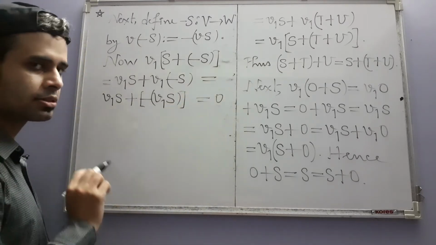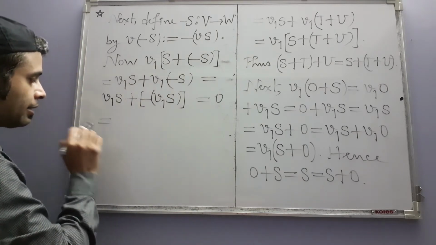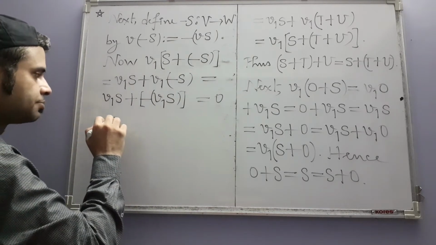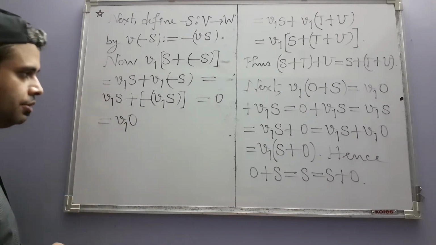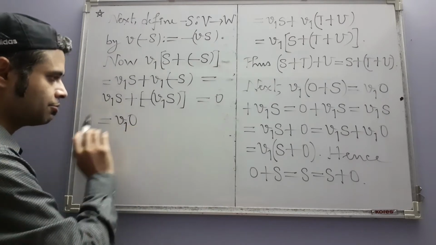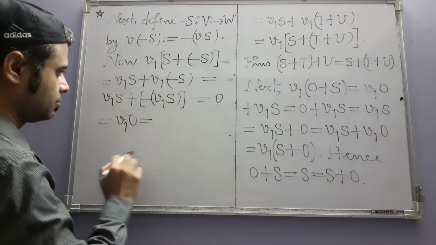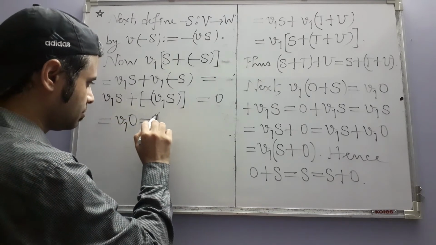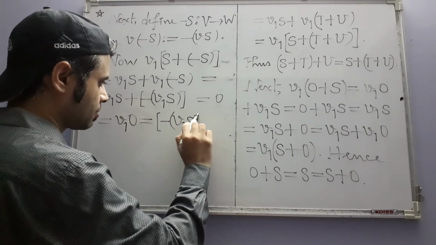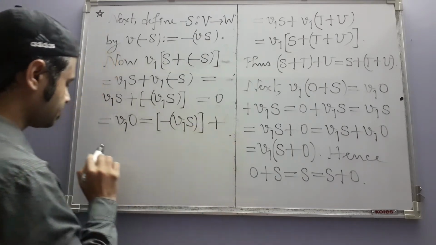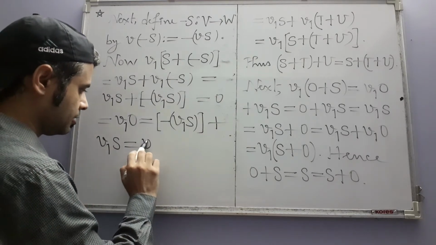This is the zero vector in W, and that itself can be written as the zero image of v1, and this 0 here is the function 0, and this of course can also be written changing the order, plus v1s, so that is v1.